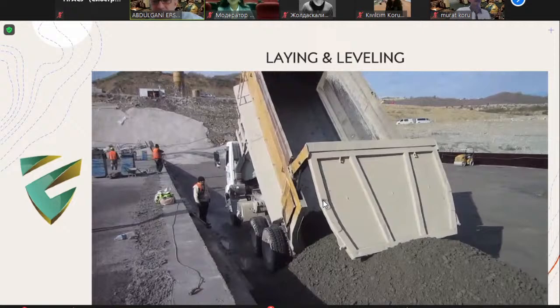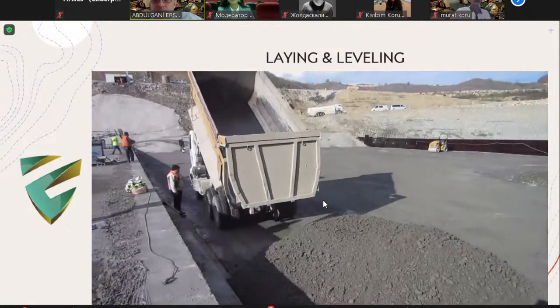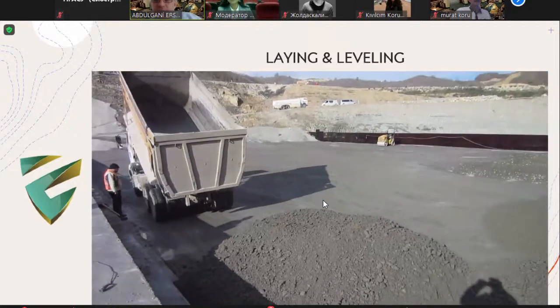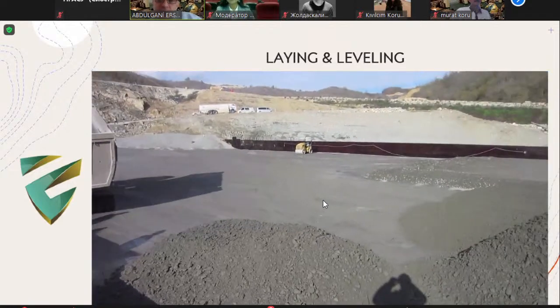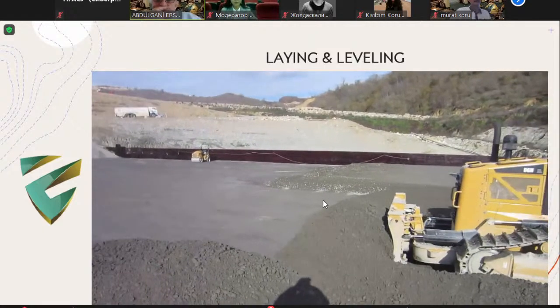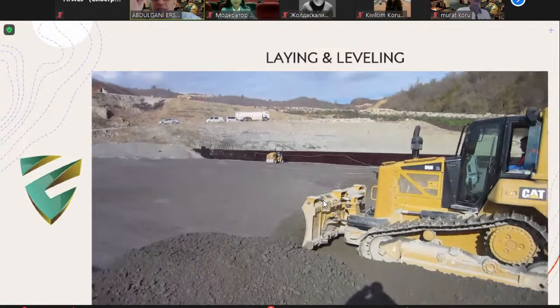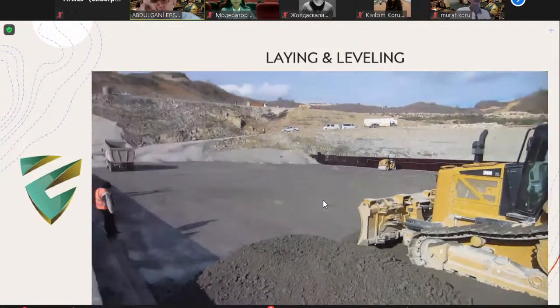You can see the concrete is almost dry. Water is minimized. And there you can see the bulldozers, leveling the concrete. That's it. You don't need any additional process for it.